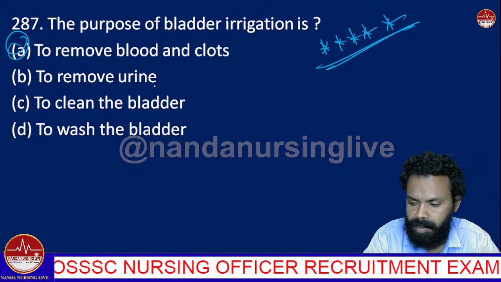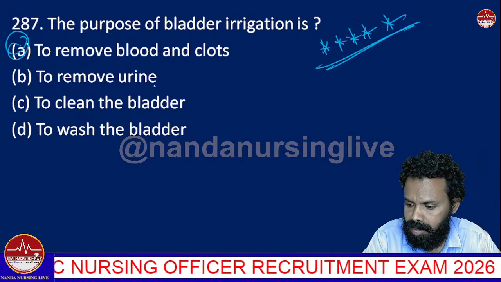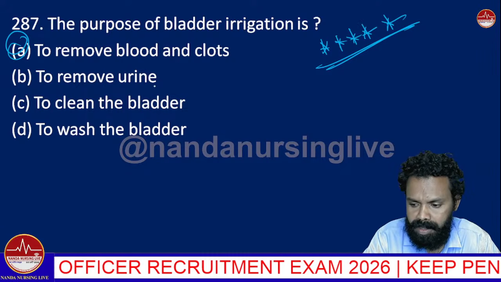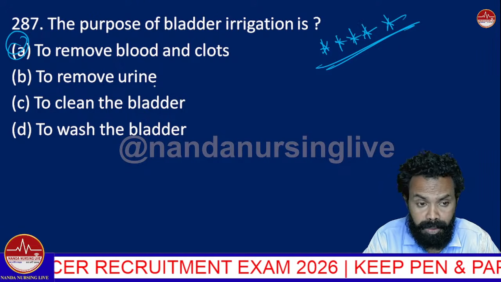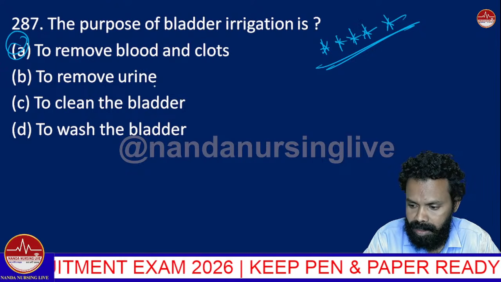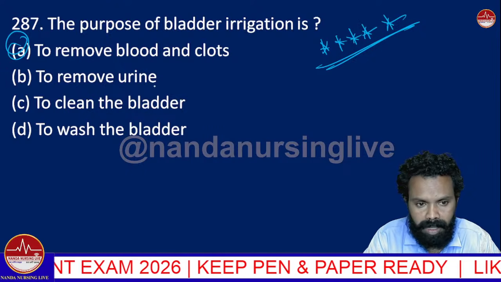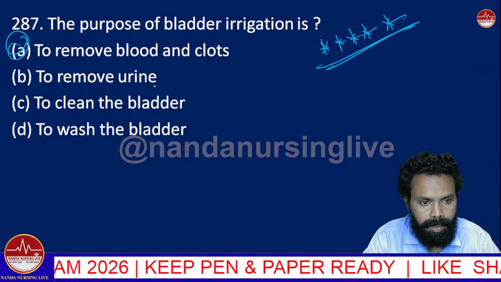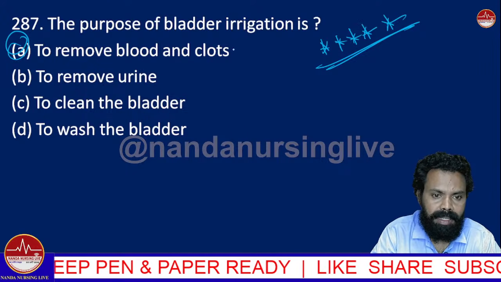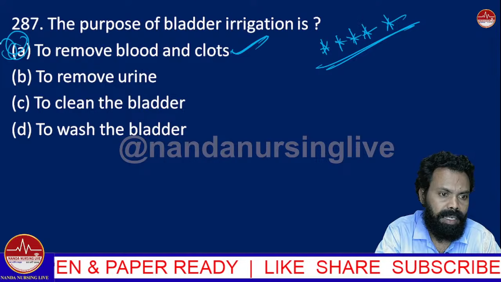And this is a sterile procedure, beta. Bladder irrigation is a procedure where sterile solution is flushed through a catheter into the bladder and drains out blood clots and debris, right. So option A is the correct answer.